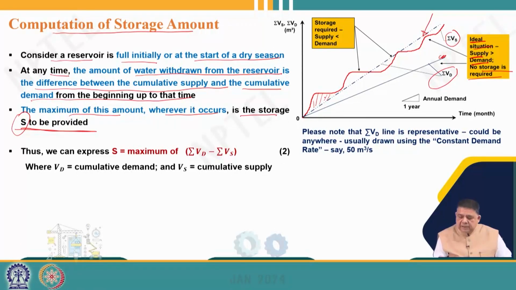So, no problem. But if you look at this period here, the demand is more than the supply. So, obviously, you have to have water available in your reserve to be able to meet that particular demand, and that is how we decide the storage.